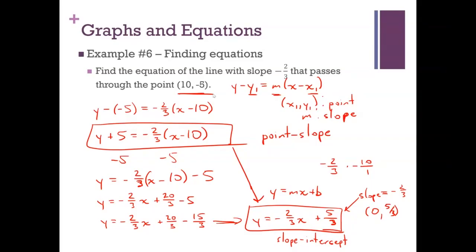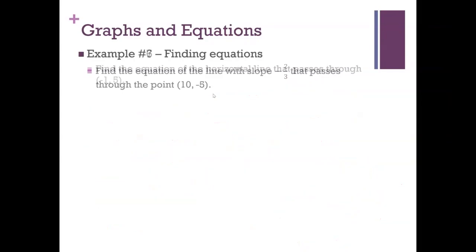How we doing? So I want to find the equation of the horizontal line that passes through negative 1, 5. So what information do we have here? Here are both forms.